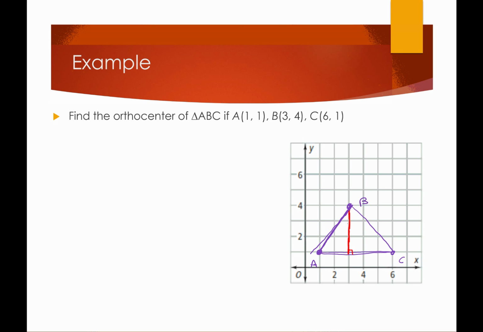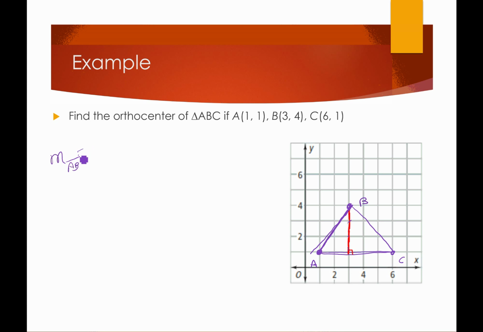So if I want to draw my perpendicular from C to side AB, there's lots of different ways we can do it. We know that it's going to be perpendicular, so our slopes are going to be opposite reciprocals. My slope of AB is 1, 2, 3. So the rise is 3, the run is 2.